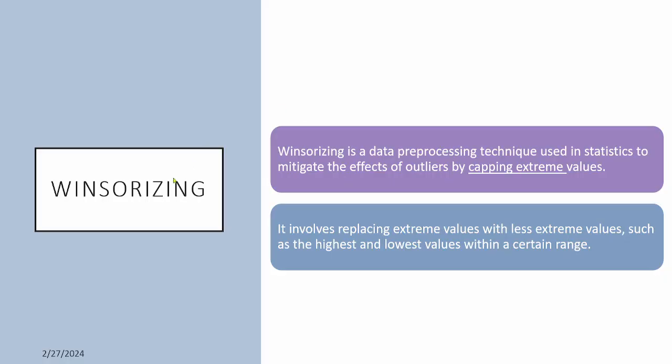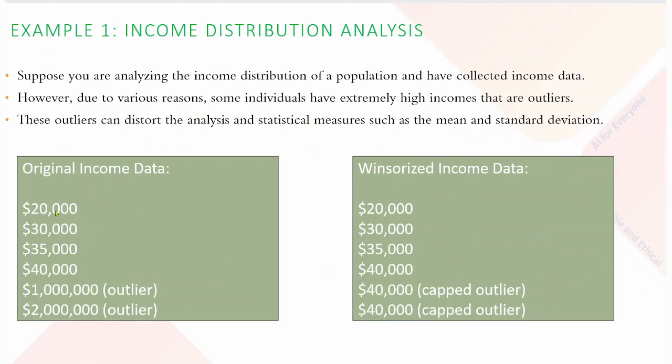Okay, next one is the Winsorizing method. Winsorizing is a data processing technique to eliminate the extreme values. So if you have extreme values, you can map them to a slightly lower value, which again requires domain understanding. It cannot be arbitrarily changed to a lower value. For example, here, let's say the data is 20,000, 30,000, 35,000, 40,000.